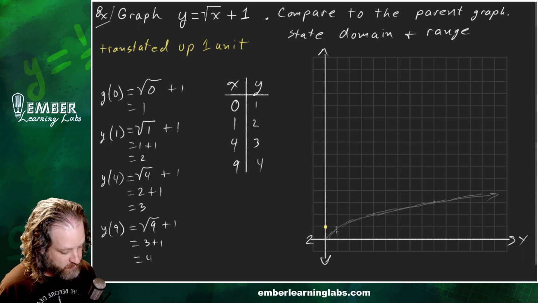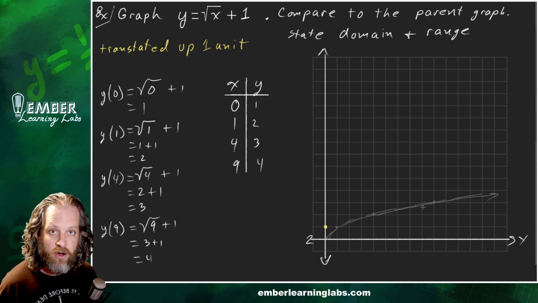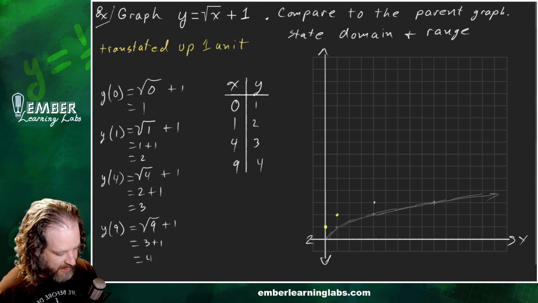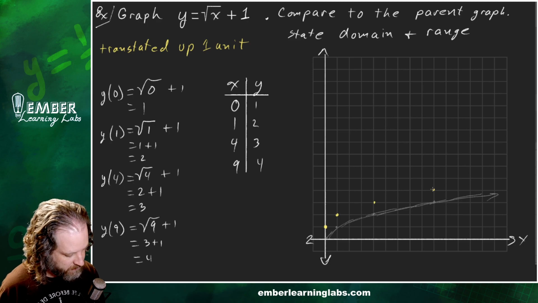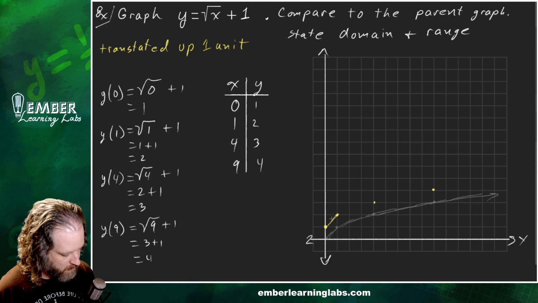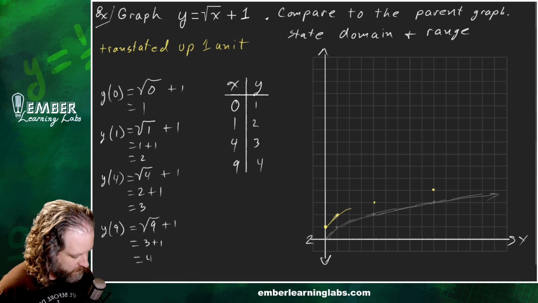This is shifted up 1, so all of these points are all going to be the same, but shifted up by 1, right? So instead of at 1, it's at 2. Instead of being at 3, it's at 4, right? Easy peasy, lemon squeezy, right?